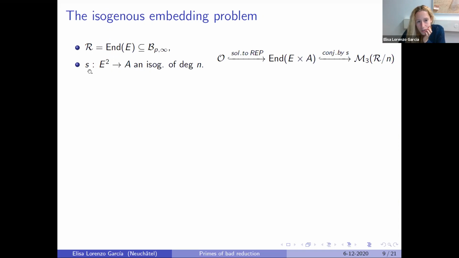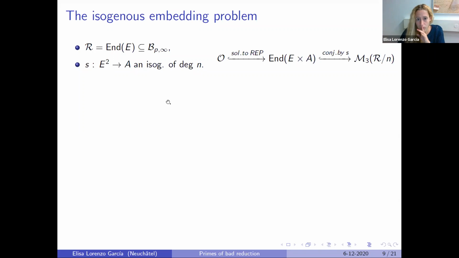I'm going to fix an isogeny, let's say of degree n, between E squared and A. Then, starting from a solution to the REP, I can conjugate by S, with the isogeny and the dual isogeny, and I can get an embedding into here. So these are matrices of size 3 with entries in the endomorphism ring of the elliptic curve E, but I have a denominator that comes from conjugating by S, and S doesn't have an inverse. It's the dual divided by n at most.